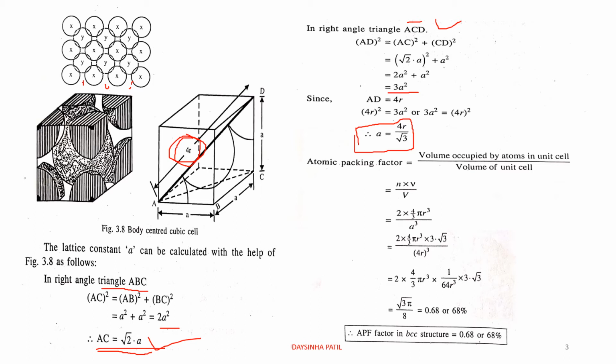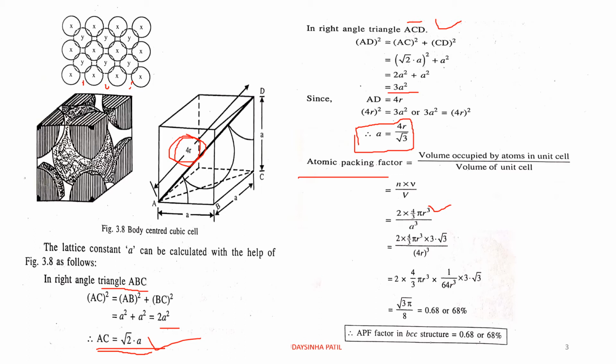Now, we also know that the number of atoms in the BCC unit cell is equal to 2. By knowing all these facts, we can easily calculate the atomic packing factor for the BCC. According to the formula, the volume occupied by atoms in the unit cell is the number of atoms in the unit cell times the volume of a sphere, which is 4 by 3 pi r cube.